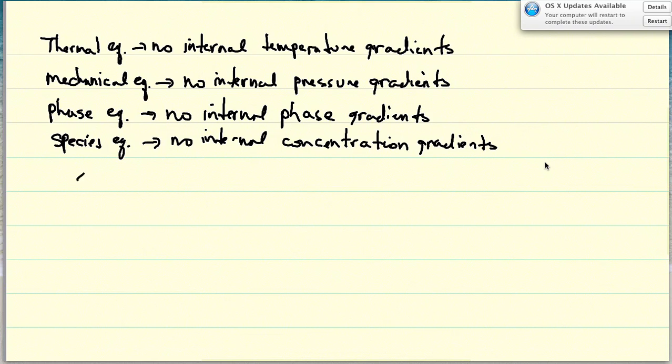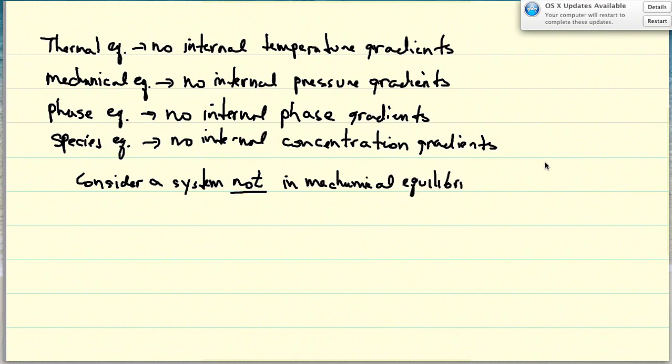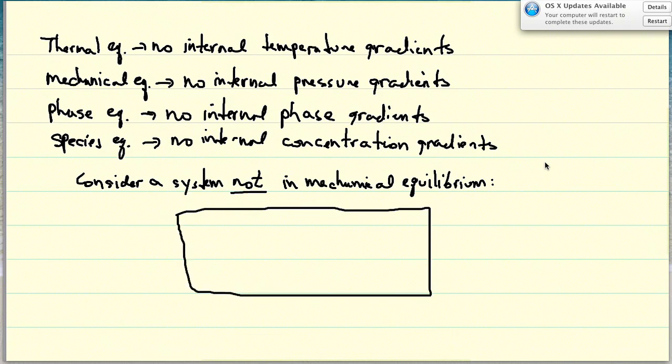So consider a system not in mechanical equilibrium. What does that look like? Okay, well, let's see. We've got our system here.